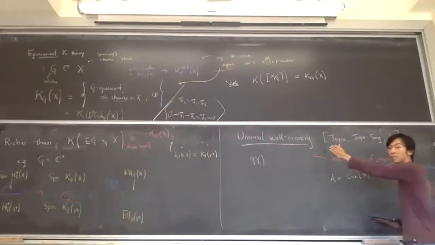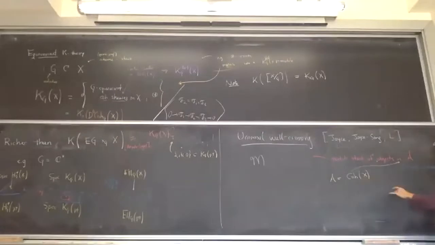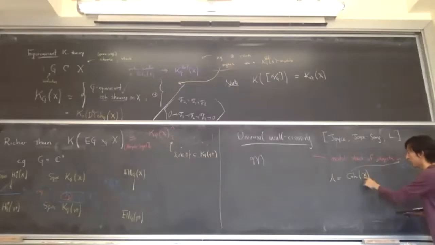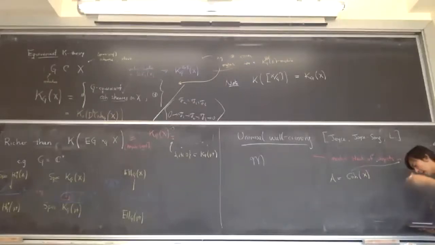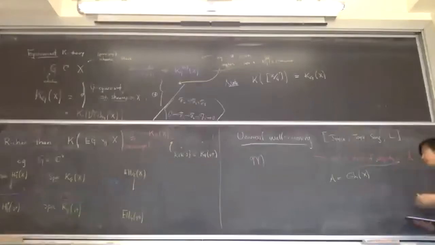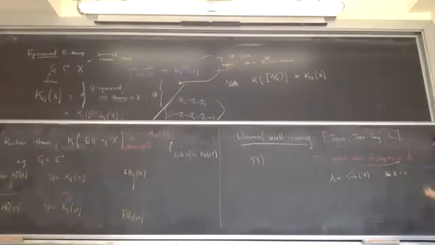But for actual wall crossing applications, we're really going to need to work over C. So for all intents and purposes, we're going to pretend that this category is the category of all coherent sheaves on some space X. X is going to be some quasi-projective variety, and for wall crossing purposes, we're going to think maybe the dimension of X is at most 3. Somehow, once you get into higher dimensions, it becomes harder to do the kind of intersection theory that we want to do for wall crossing.